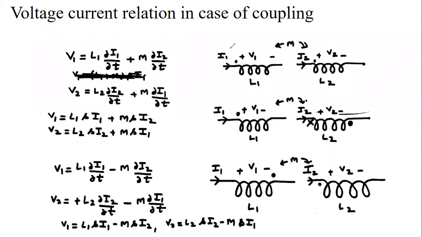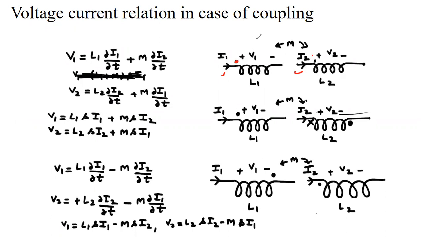Okay, so first, if the two coils are coupled with each other, we always use the convention of the dotted sign. If the current in both coils is entering at the same type of terminal, see, in this case, current is entering from the dotted terminal, and this current is also entering from the dotted terminal.